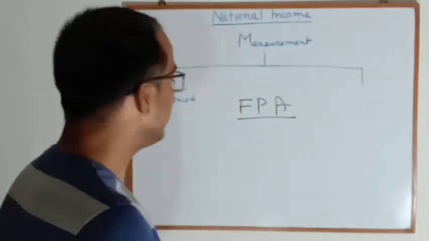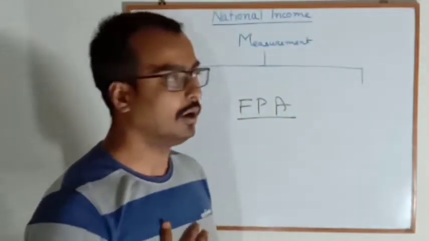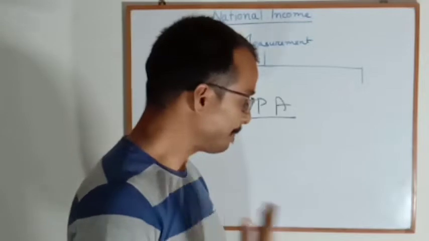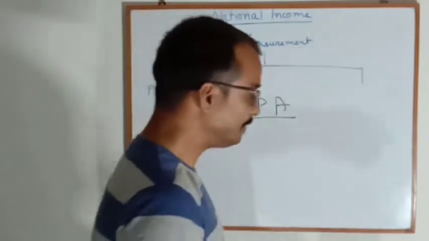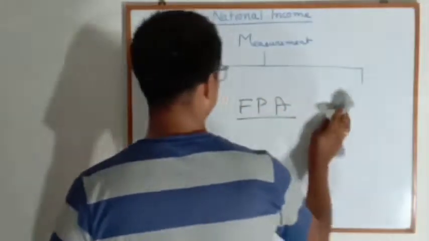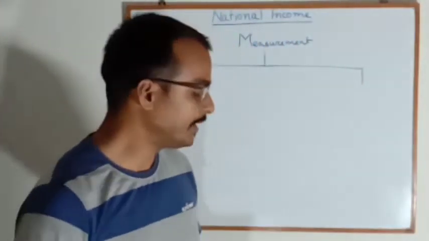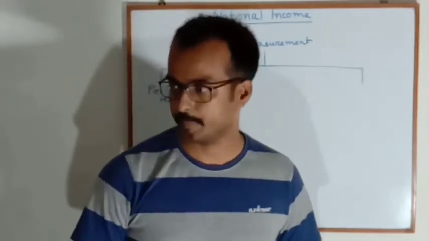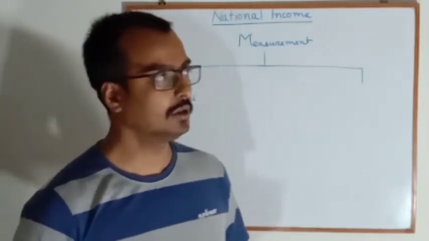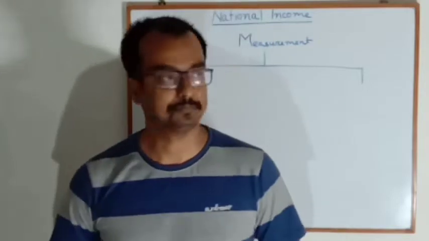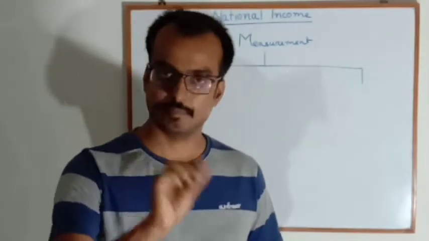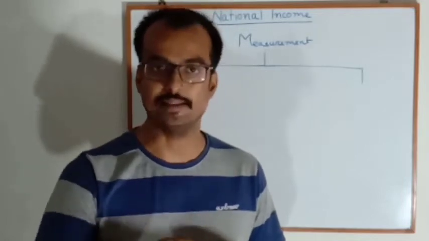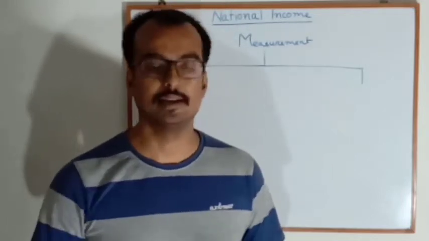And here comes the concept of double counting. What is that? Let me explain it with one example. So what example can we take? Rubber. You know your eraser, the rubber which you use to erase your pencil writings.